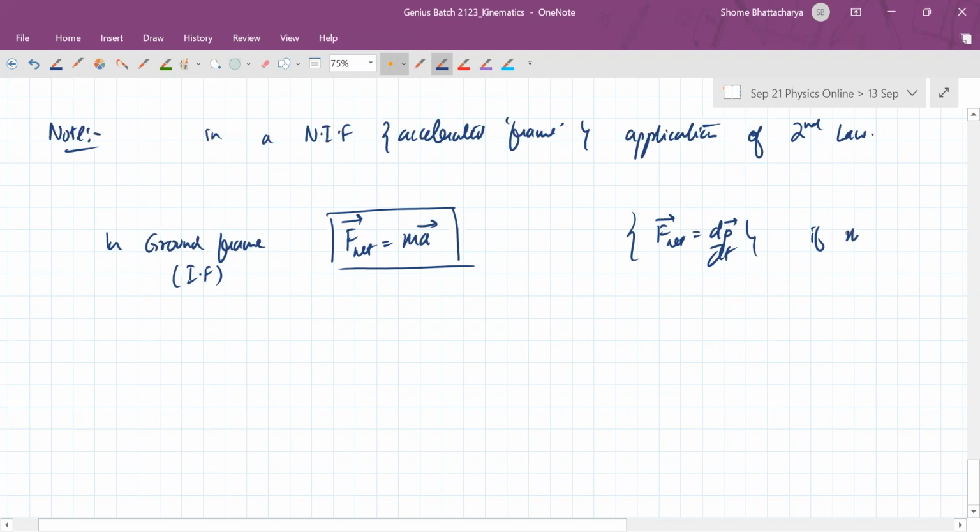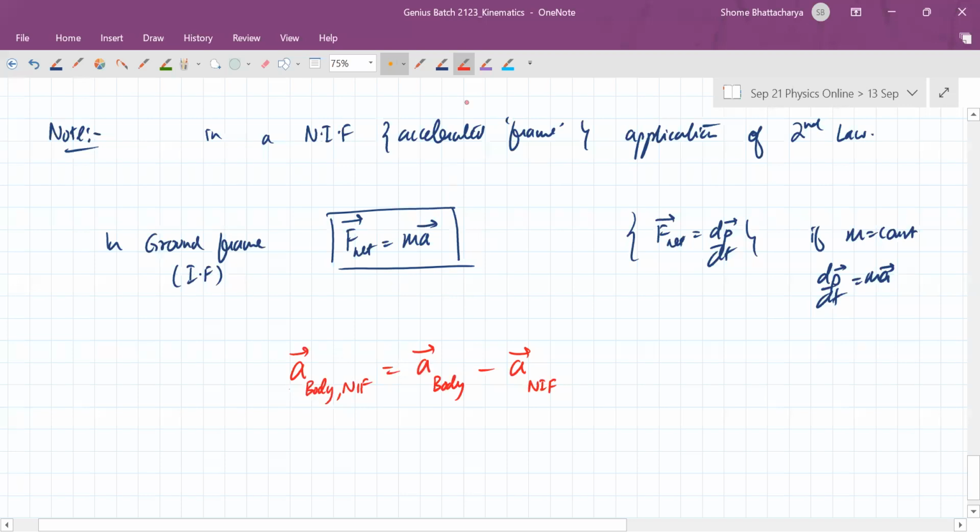Then the rate of change of momentum will become m into a. Now, if we look at the relative motion concept, the acceleration of a body with respect to a non-inertial frame will be equal to the acceleration of the body minus the acceleration of the non-inertial frame.